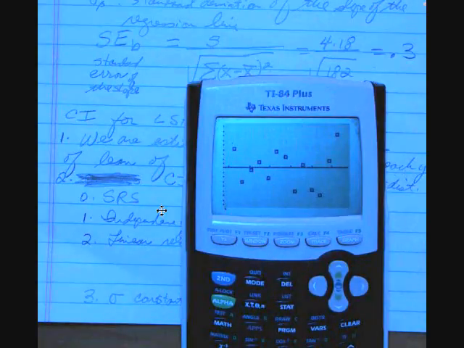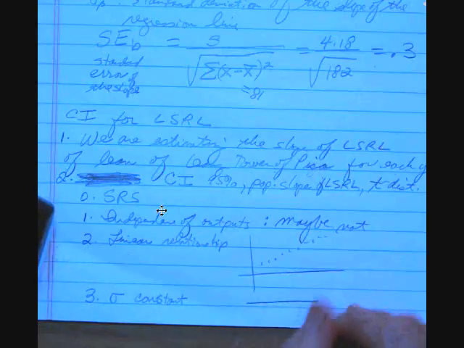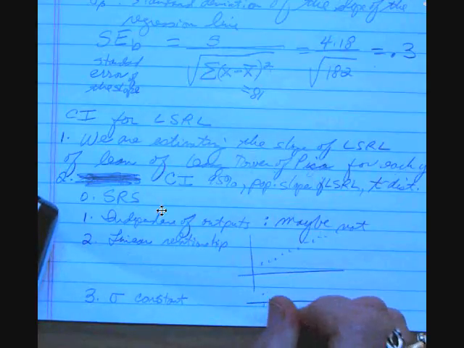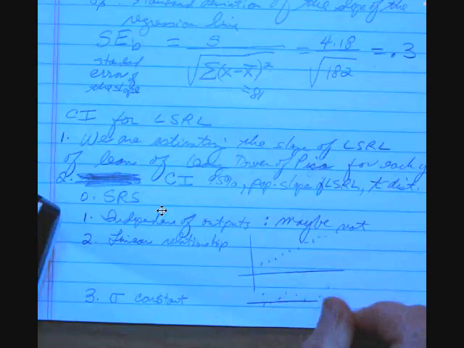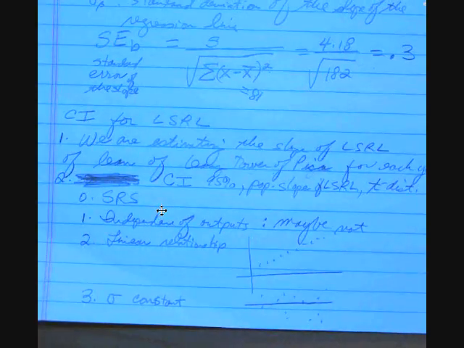They look fine. They're pretty evenly scattered. I don't have some really close and some really far away. They're kind of far away, close, far away, close, far away, close. Okay. You don't want a spray pattern, ladies, with your residuals. And this one I think is fine. It looks a little more spray the way I drew it. There, I'll put in one more dot so it doesn't look quite so spray. That dot isn't actually on my calculator, but I just put it in there so it doesn't look spray. Okay?